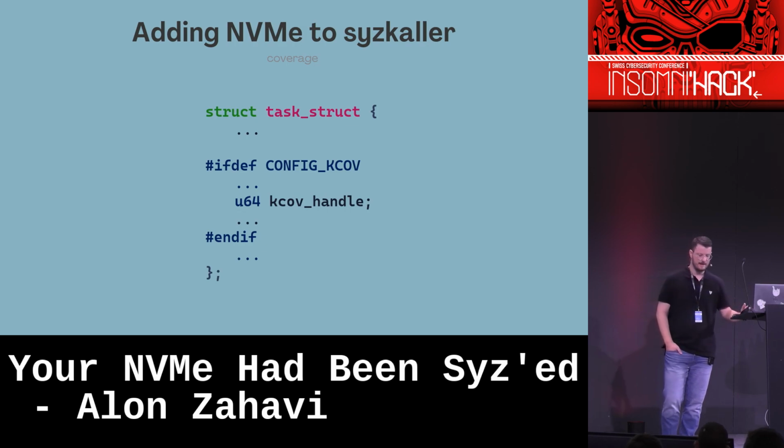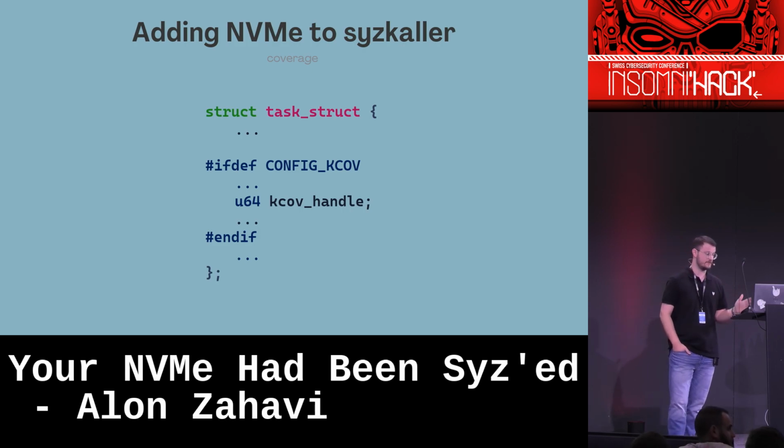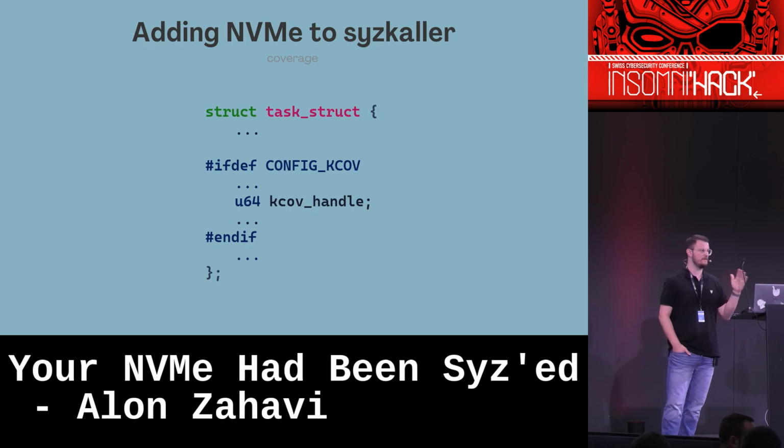When every Syzkaller input gets executed, it will have a unique kcov handle inside its task_struct structure inside the kernel. That means every input we execute will already have a unique kcov handle. We don't need to reinvent the wheel to make a new one.